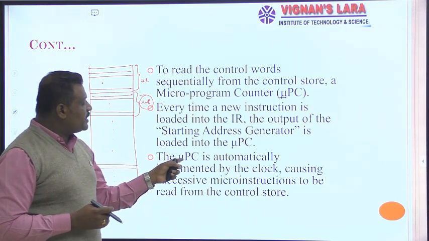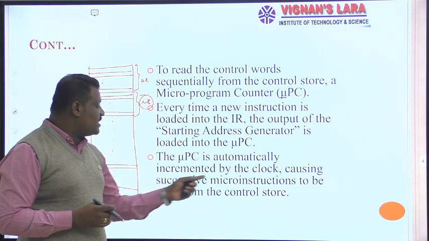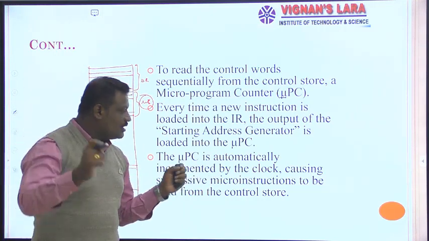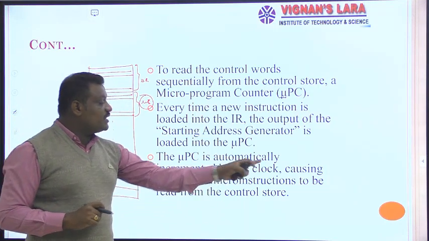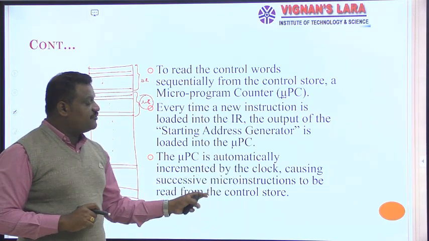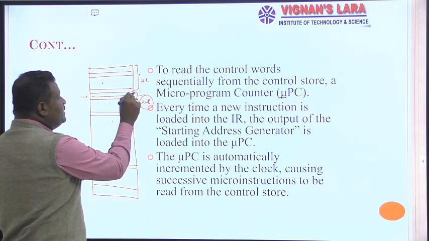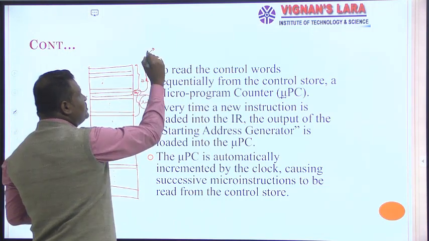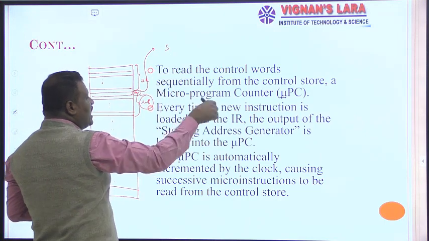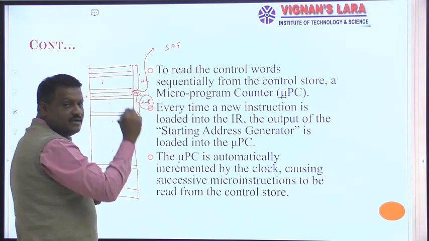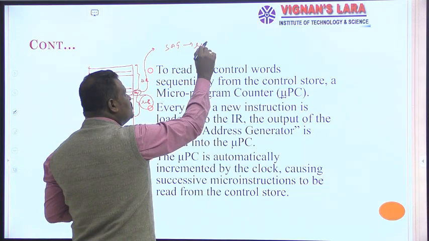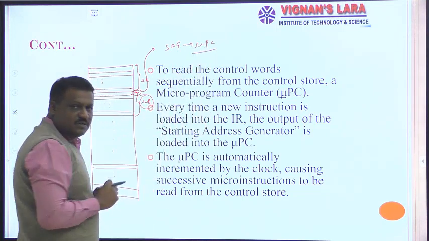The microprogram counter is automatically incremented by the clock, causing successive micro instructions to be read from the control store. So once I start instruction execution, the starting address information is generated by the starting address generator and sent to the microprogram counter.